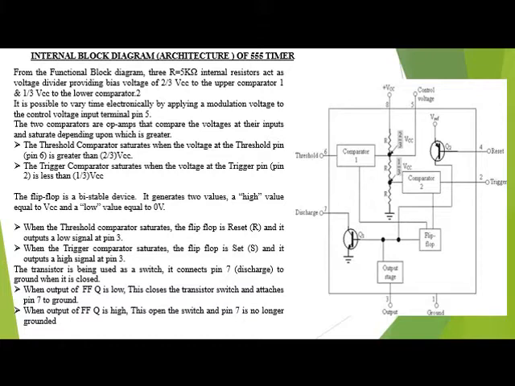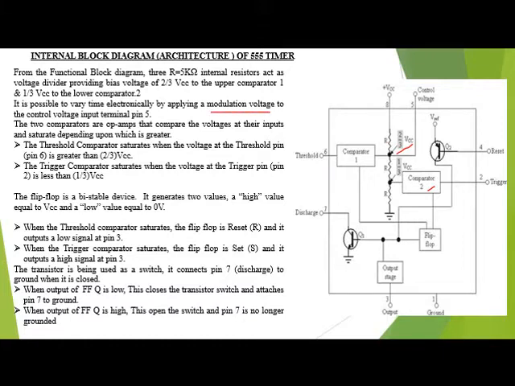It is possible to vary the timing electronically by applying a modulating voltage to the control voltage input terminal, pin number 5. There are 2 comparator op-amps that compare the voltages at their inputs and saturate depending upon which is greater. The first one is the threshold comparator, comparator 1.